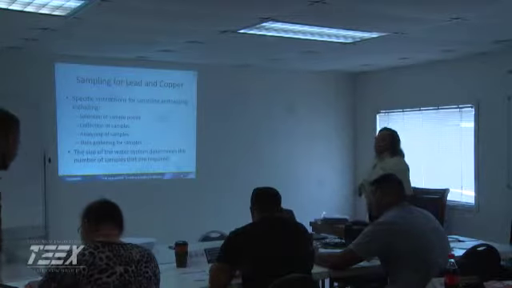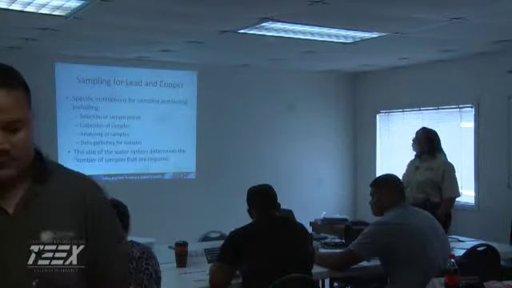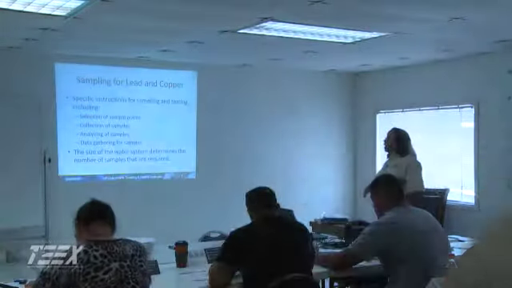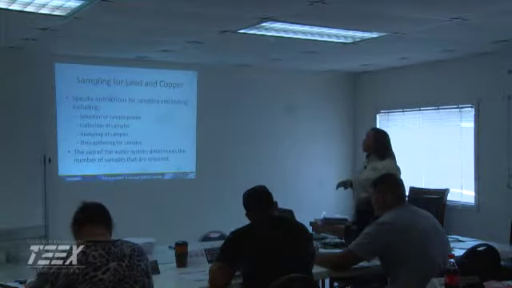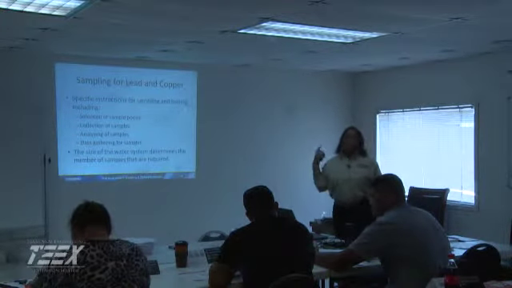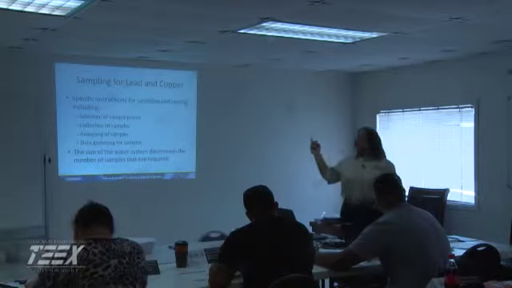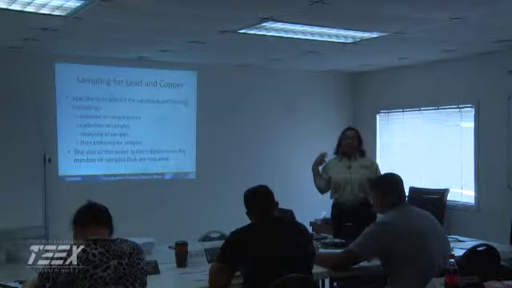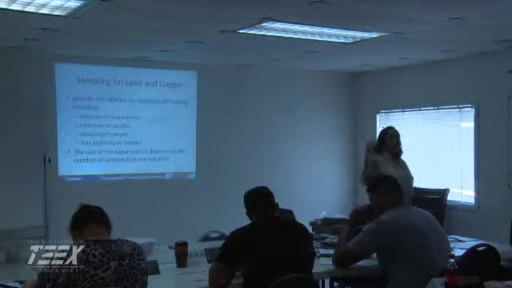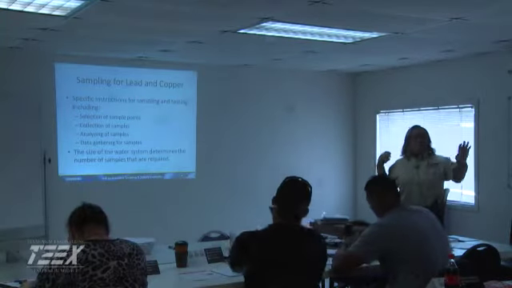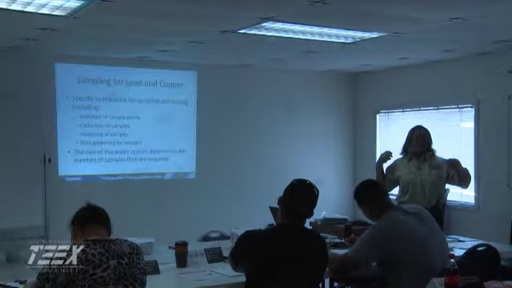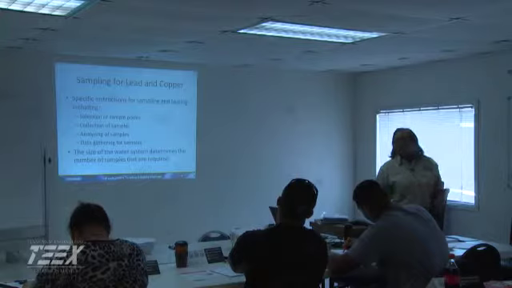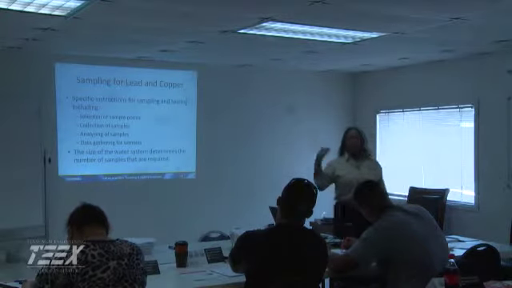So let's look at what we're going to do for sampling for lead and copper. Specific instructions for sampling and testing include, number one, you have to select your sample points. You can't go willy-nilly and decide, I'm collecting from Mickey's house here, and the next go around I'm going to collect from Frank's.